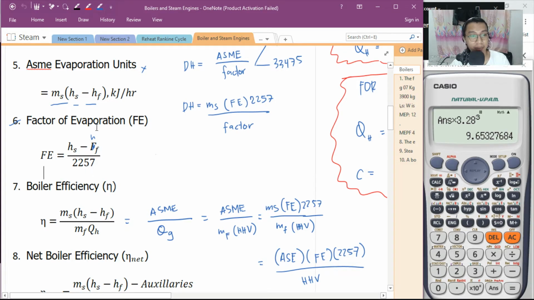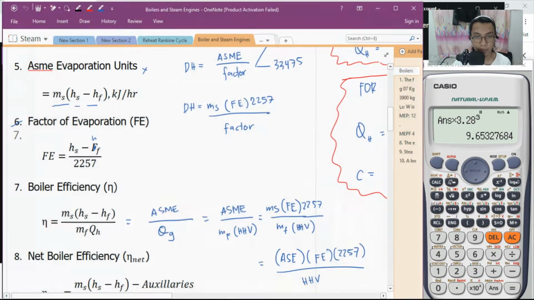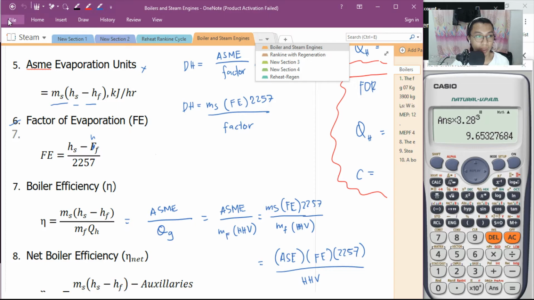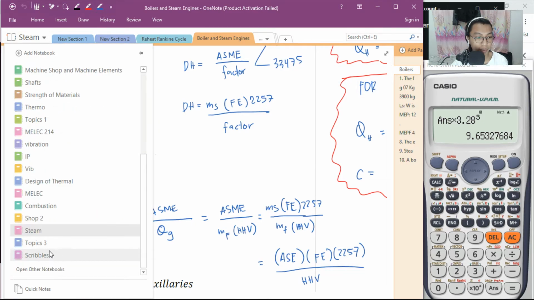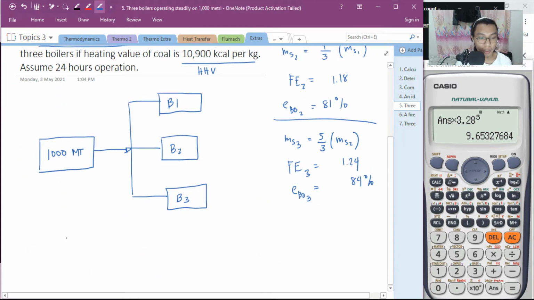Kunin na lang natin to para hindi ka nalilito. Yung factor of evaporation, okay? Lista natin. The factor of evaporation simply is equal to, balik tayo, topic 3. Tandaan ninyo, note.